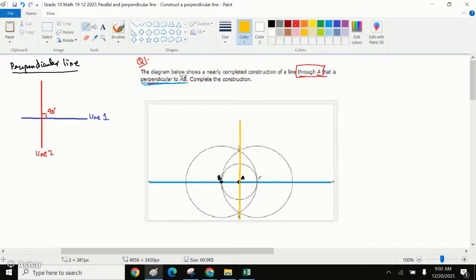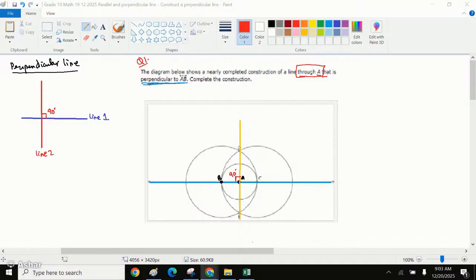They're intersecting each other at right angles. So we need to construct lines which are perpendicular to each other, at right angles to each other. Okay. So let's go with the next question.